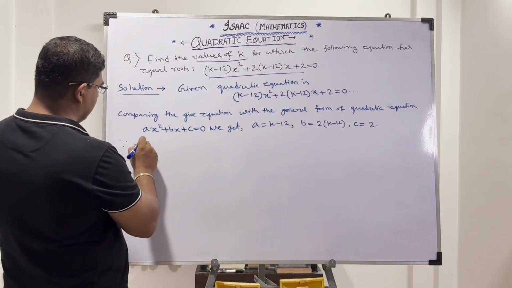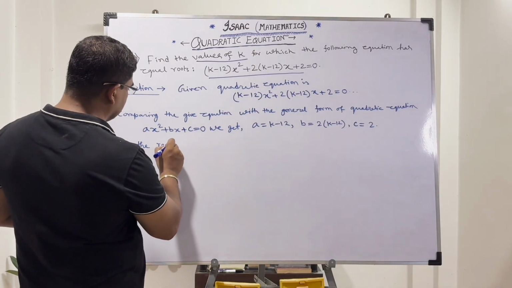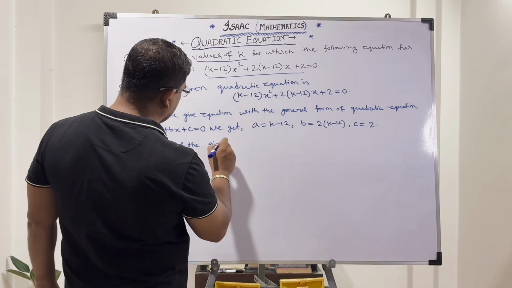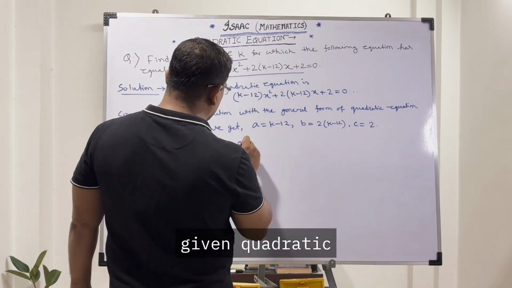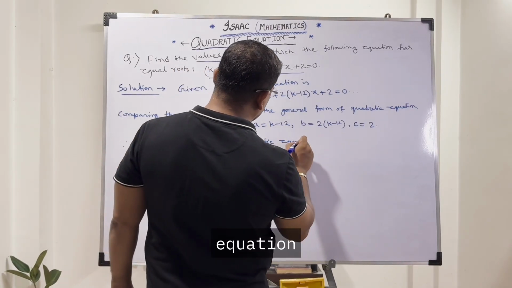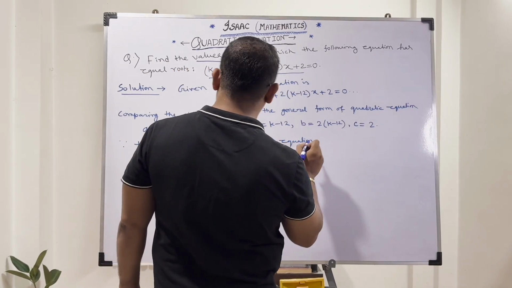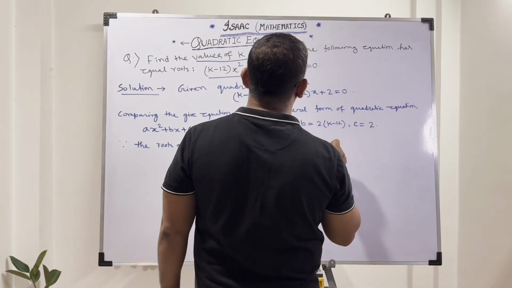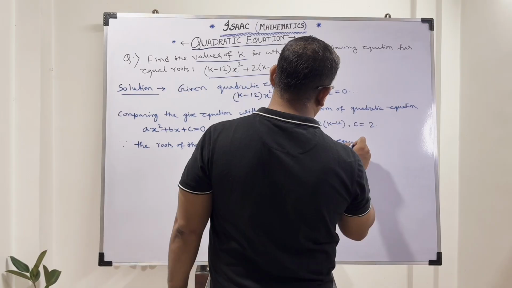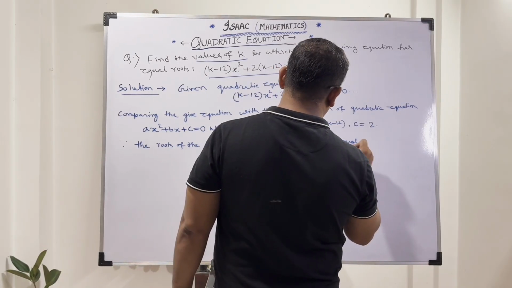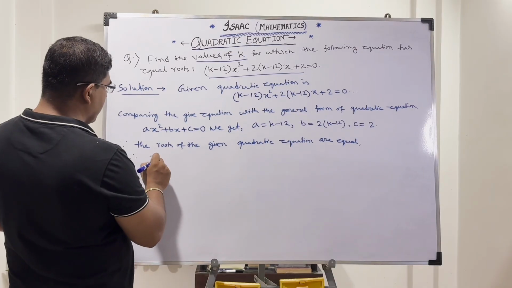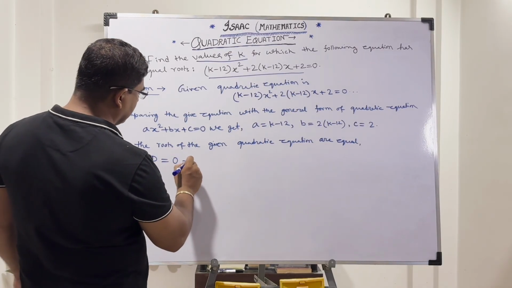Since the roots of the given quadratic equation are equal, therefore d equals 0.